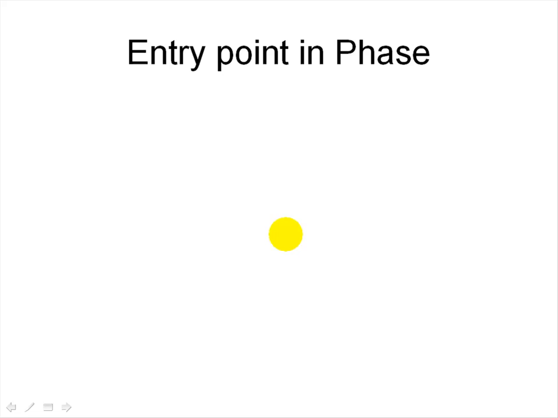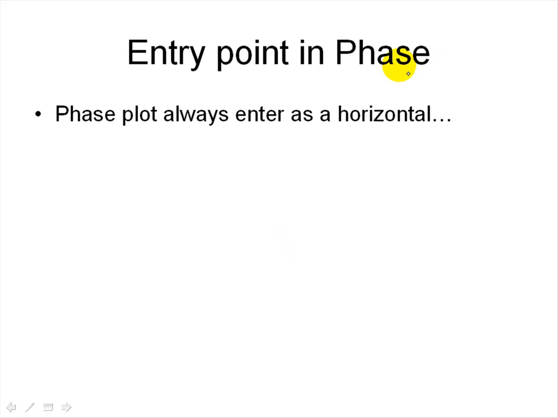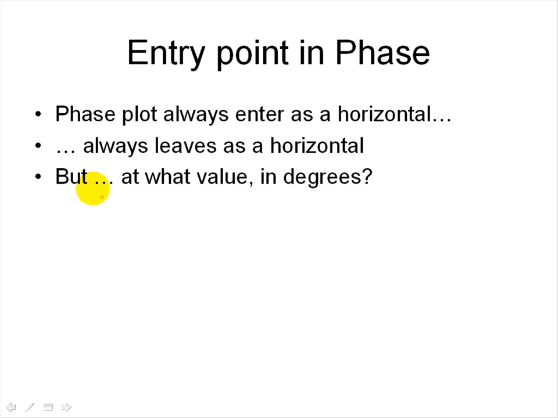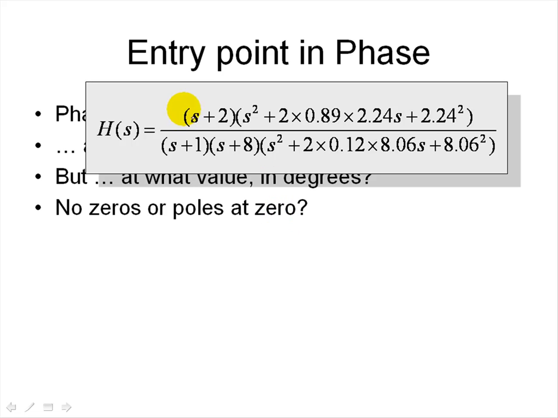Let's establish for phase diagrams what is the entry value from the left. Phase plots always enter on the left and leave on the right as horizontal lines, but the question is, at what value in degrees? If there are no zeros and no poles at 0 radians per second as in our transfer function, the phase diagram enters as a horizontal line with a vertical value of 0 degrees.